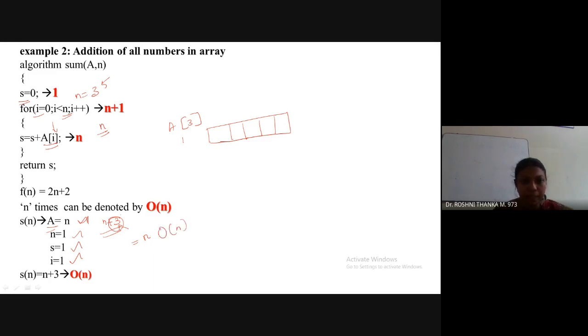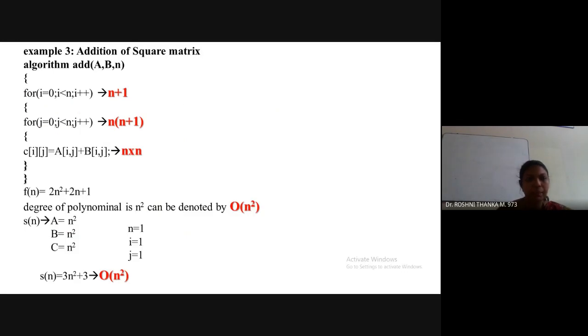So this is the next example. Here we have a nested for loop, one for loop present inside another for loop, and the time complexity we have already discussed. This outer for loop will execute for n plus 1 times, where the extra one is the last false condition check.